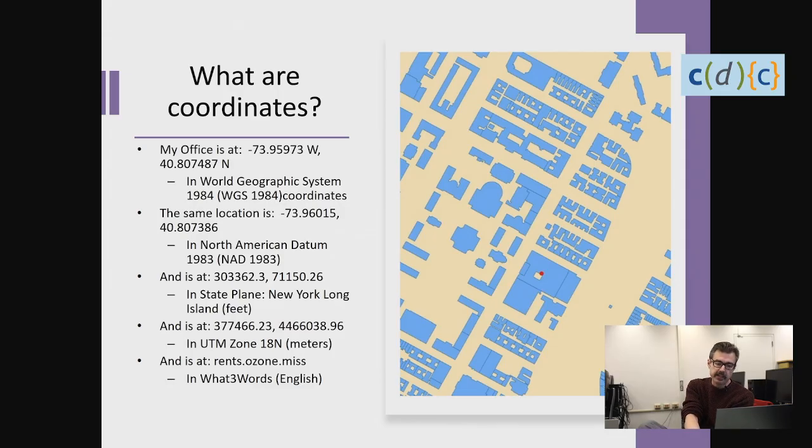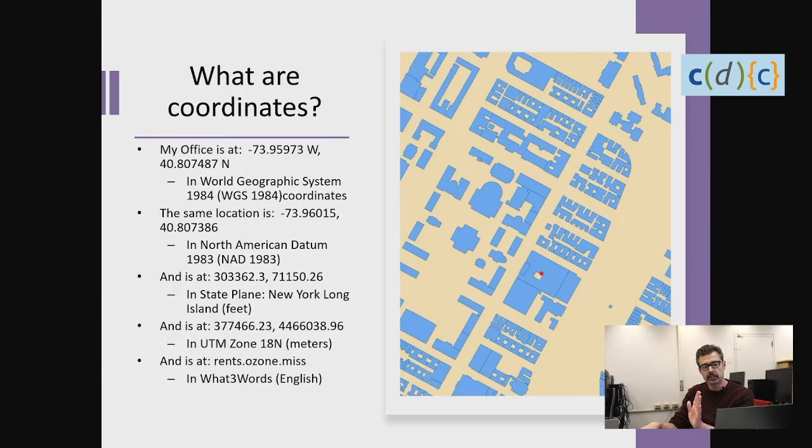But very quickly, I'm just going to emphasize that coordinates are derived from particular models of the shape, size, and systems of identifying locations on that model.